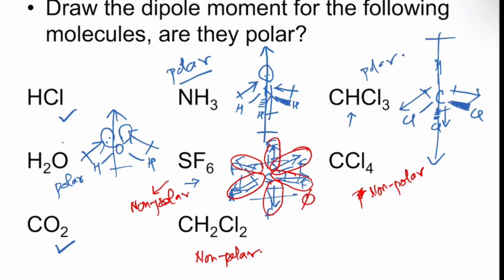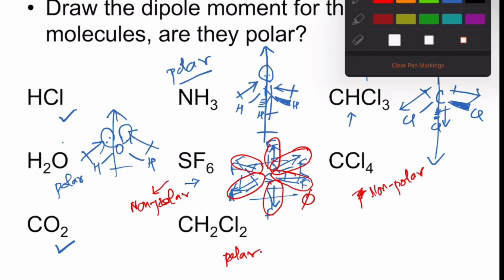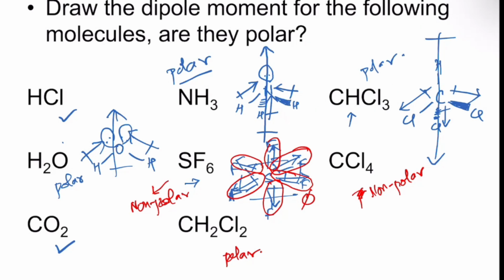Actually, this one is slightly polar. Let me just double check, draw that one again. So you have C, you have H, you have Cl, you have H, you have Cl.